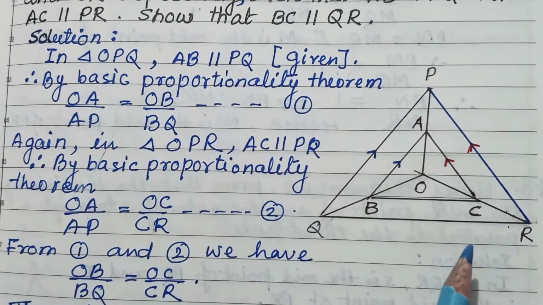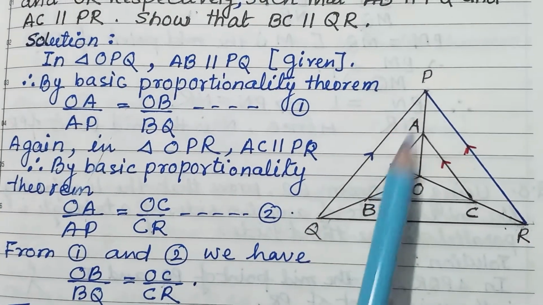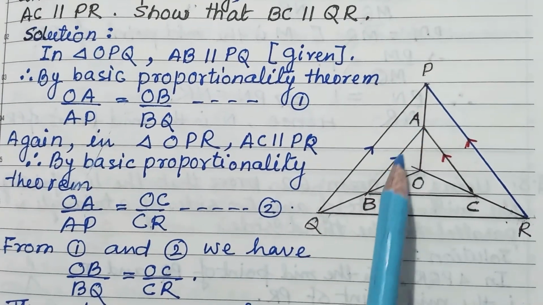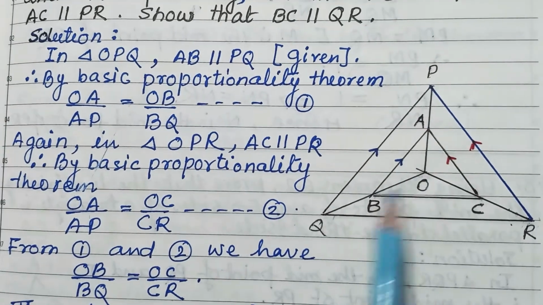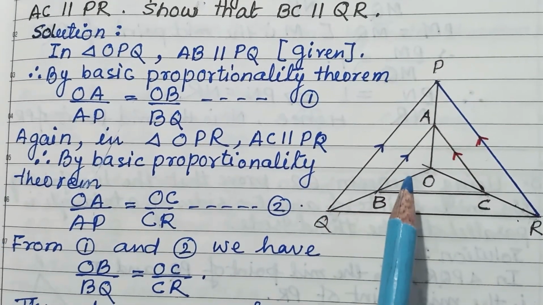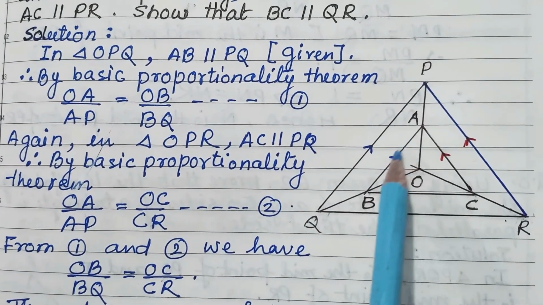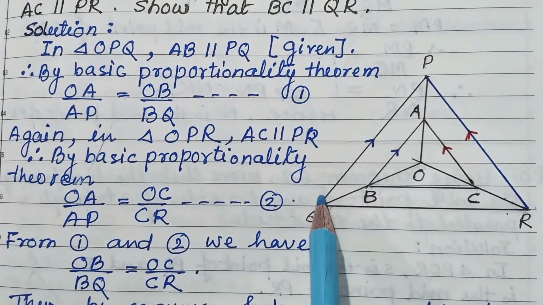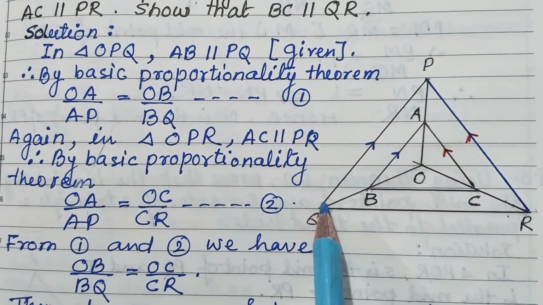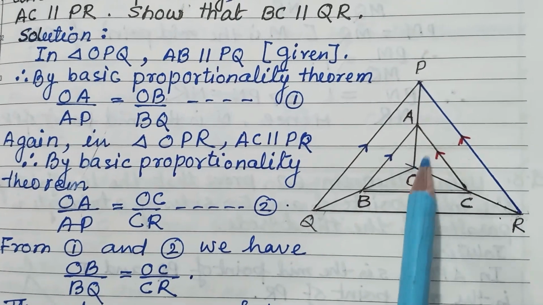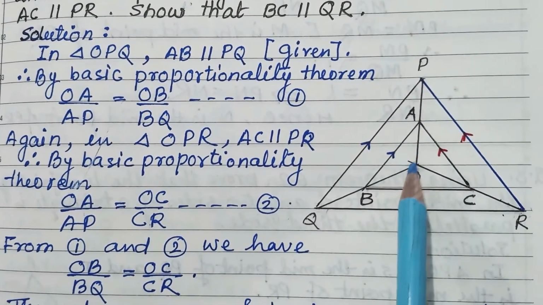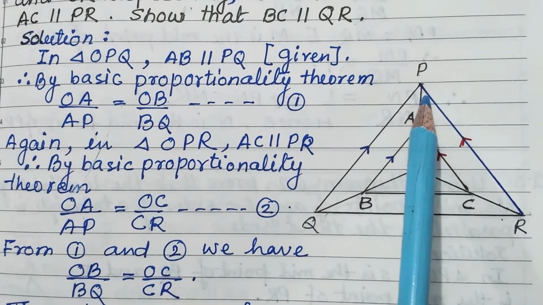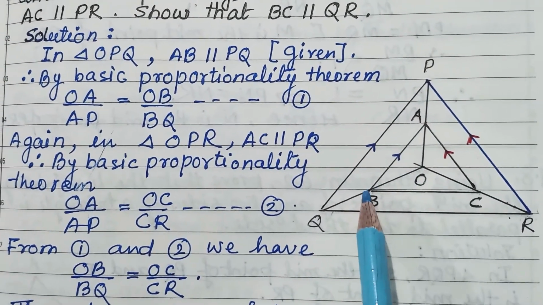Now in triangle OPQ, A and B are the points on OP and OQ, and given AB is parallel to PQ. So by basic proportionality theorem, OA upon AP is equal to OB upon BQ.